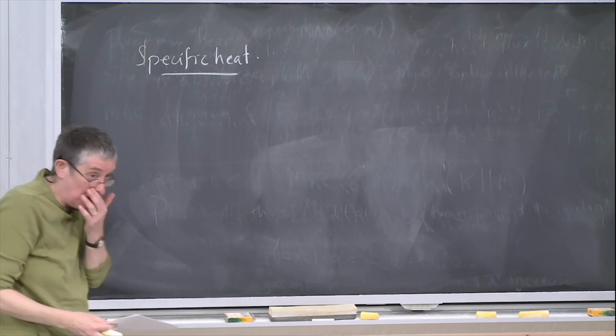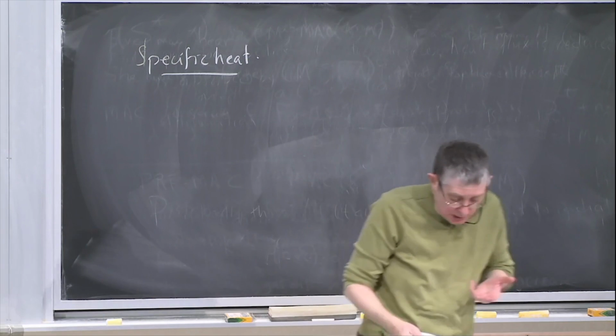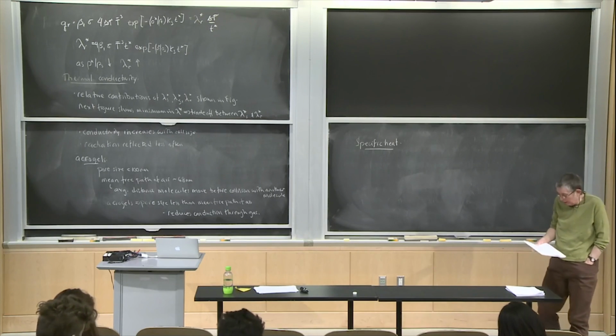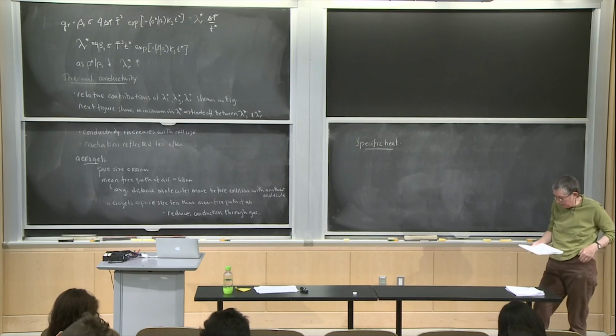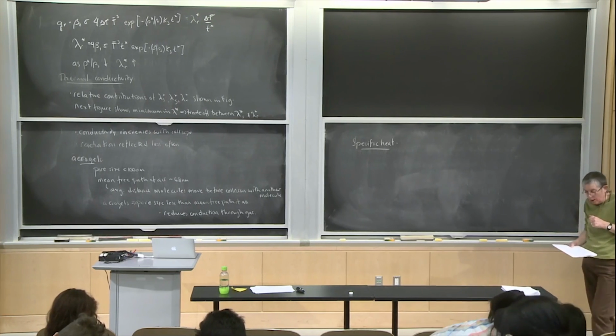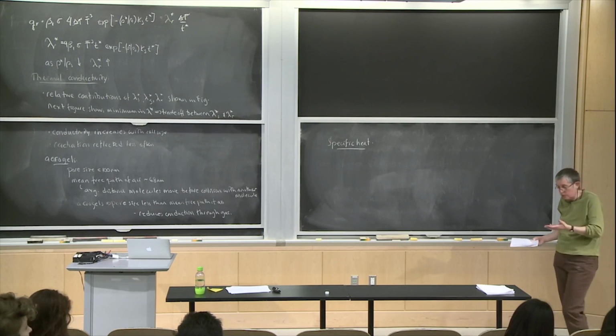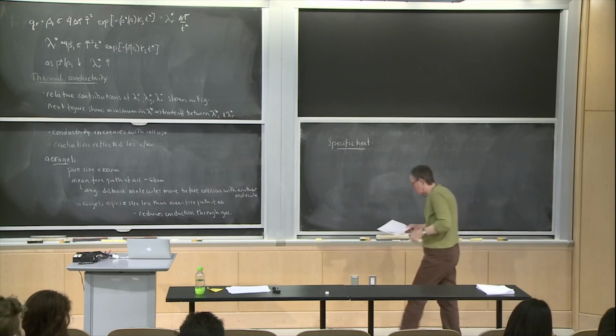One is the specific heat. Since the specific heat is the energy required to raise the temperature by a unit mass, the mass is the same. If you have a certain mass of foam or a certain mass of solid, the specific heat for the foam is the same as for the solid.